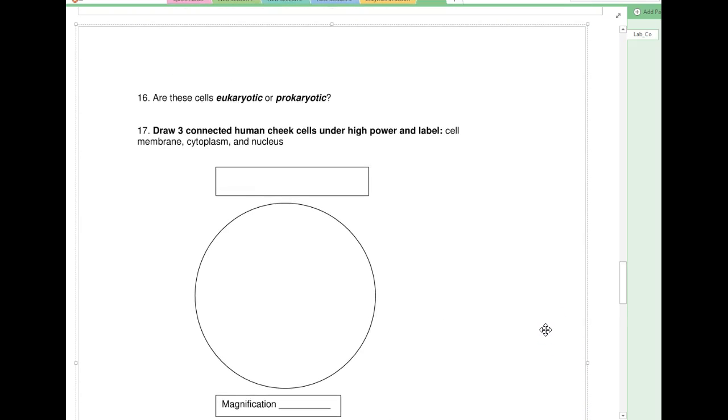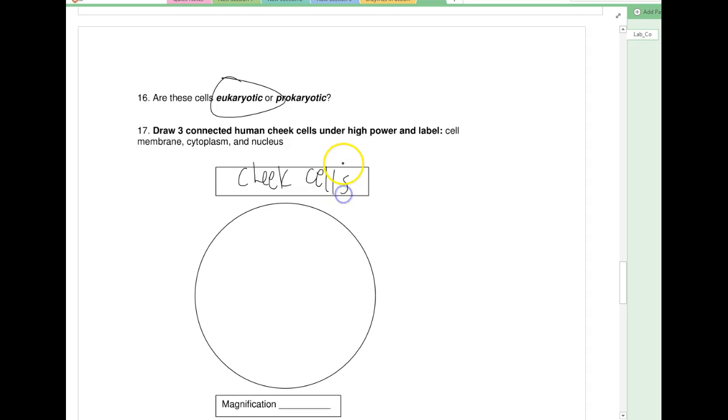Are these eukaryotic or prokaryotic cells, the cheek cells? So here's your cheek cells. They kind of look like this.